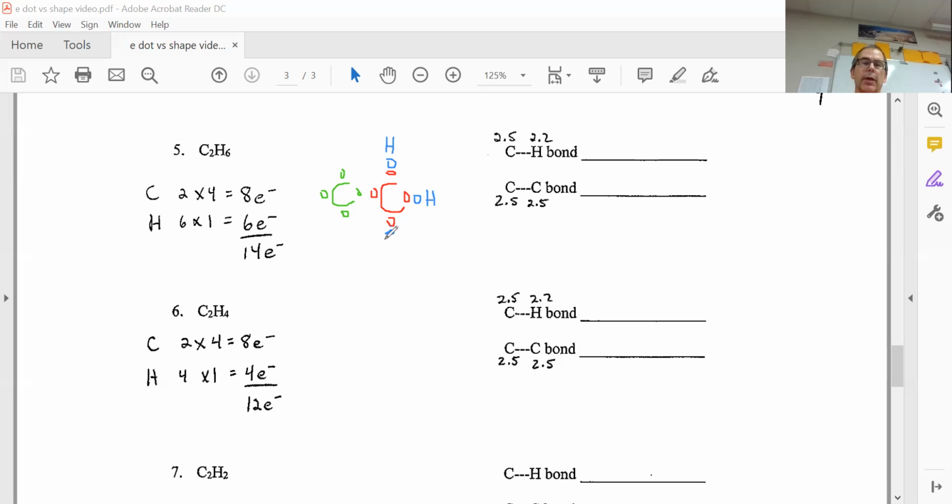So there's my third hydrogen. I'm going to go to my 4th hydrogen, my 5th hydrogen, and my 6th and final hydrogen.